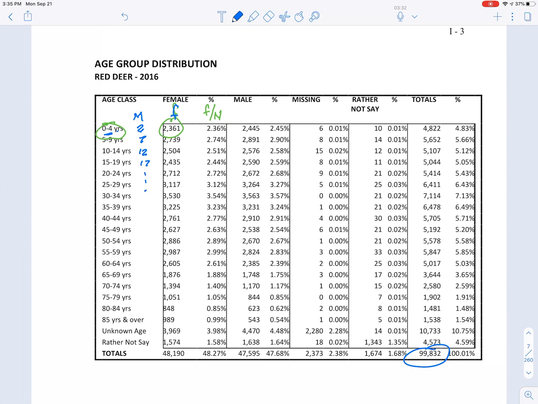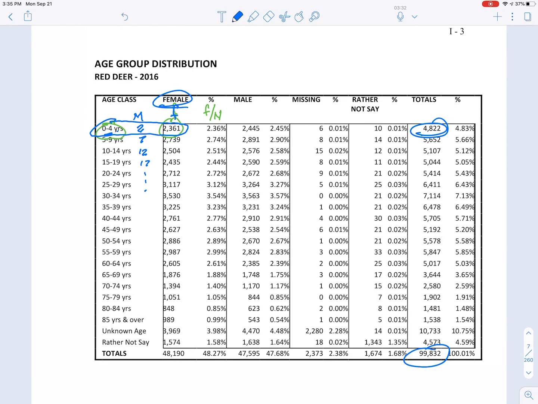Now here's the thing, when it comes to actually doing calculations with 100,000 numbers like this, take a look at the class from 0 to 4 years old, these folks right here. And I guess I'm just looking at the females here. I could take a look at the totals, but it's just easier to take a look at the females here.